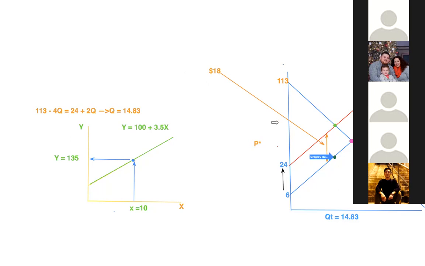The question is, now we have to find the seller's after-tax price. Let's see. We have to find PS, and then the one up here would be PB.